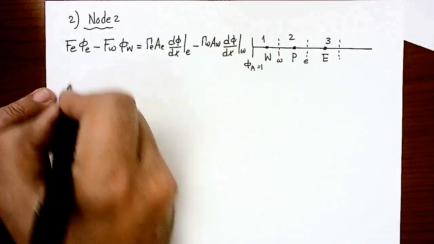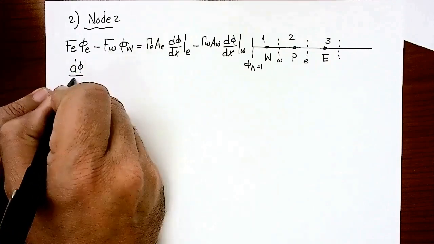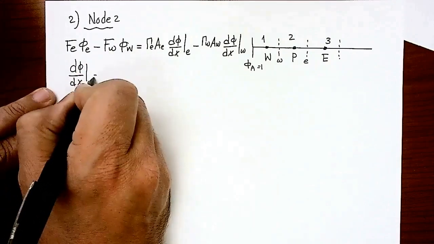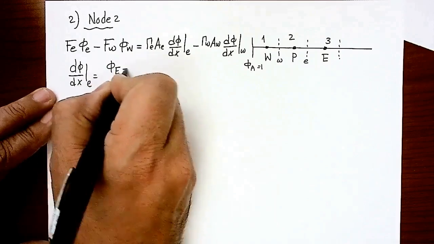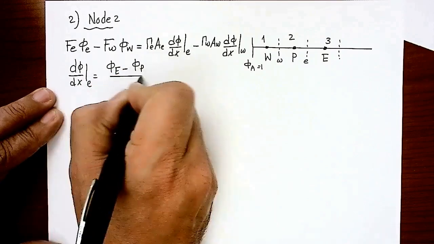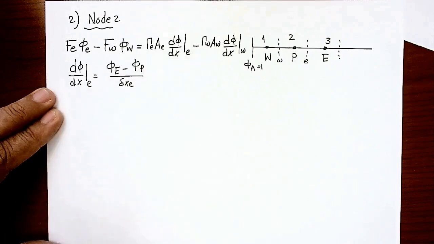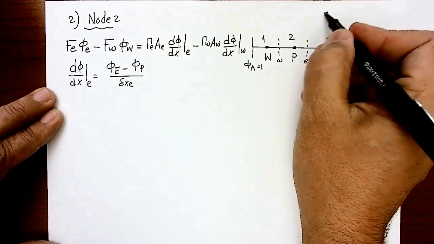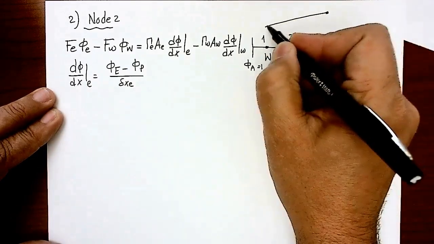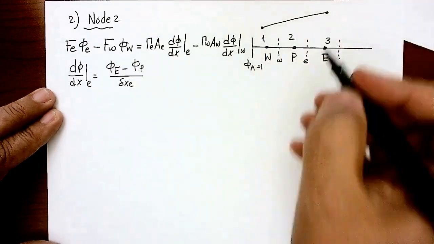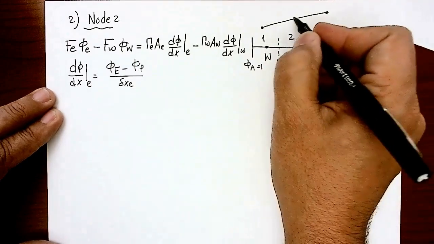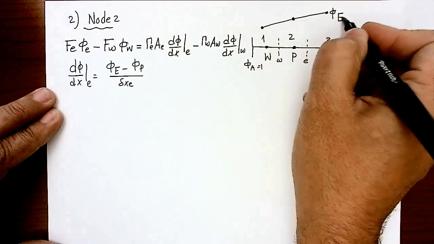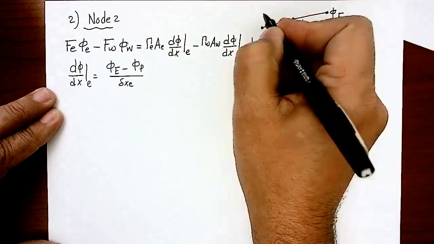So for the diffusion term, d phi by dx on the east face will be phi east minus phi P divided by delta x east, right? This is a linear change here. That's phi east, that's phi P, and that's phi west.